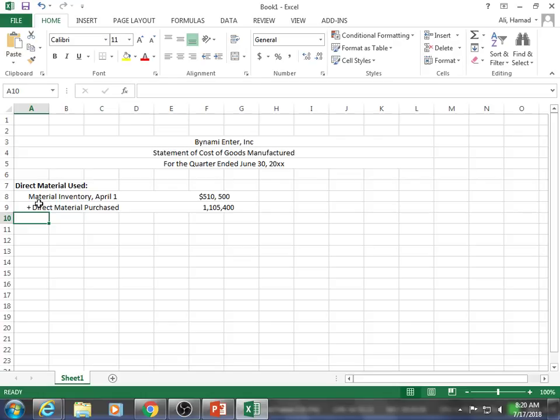Okay, so let me put a line under this one. What about less ending materials inventory? Well, we are not there yet. First we have the available for use, then we will have the less.